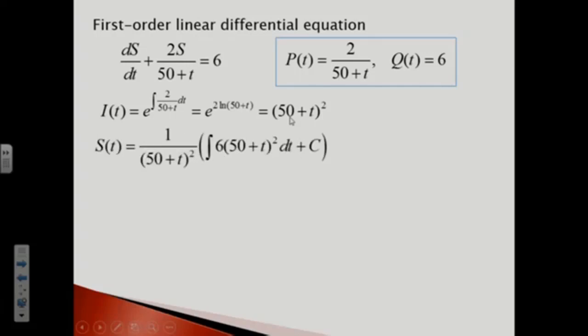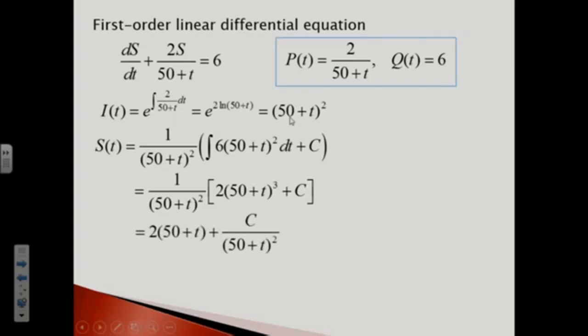And the general solution is S(t) equals 1 over (50 plus t) squared multiplied by the integral of 6 multiplied by (50 plus t) squared dt plus c. The integral is 1/3 of (50 plus t) cubed, and the solution is 2 multiplied by (50 plus t) plus c over (50 plus t) squared.